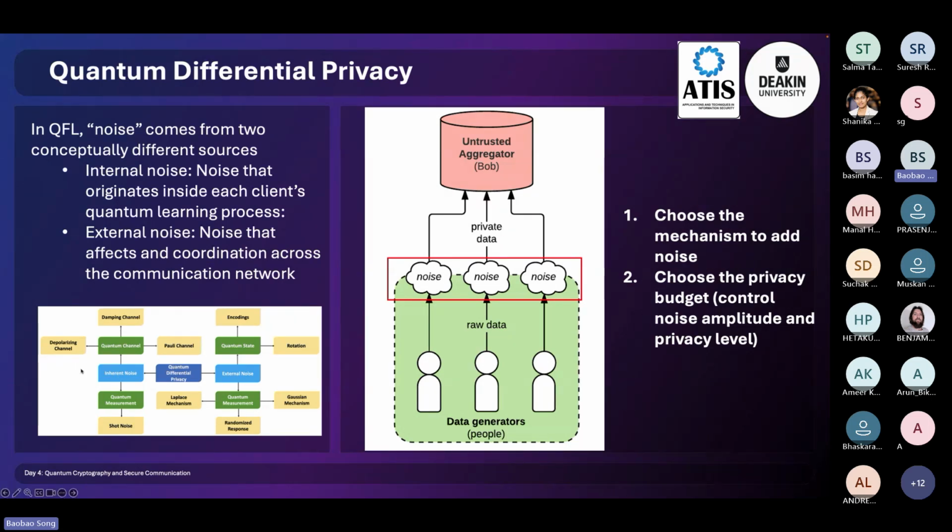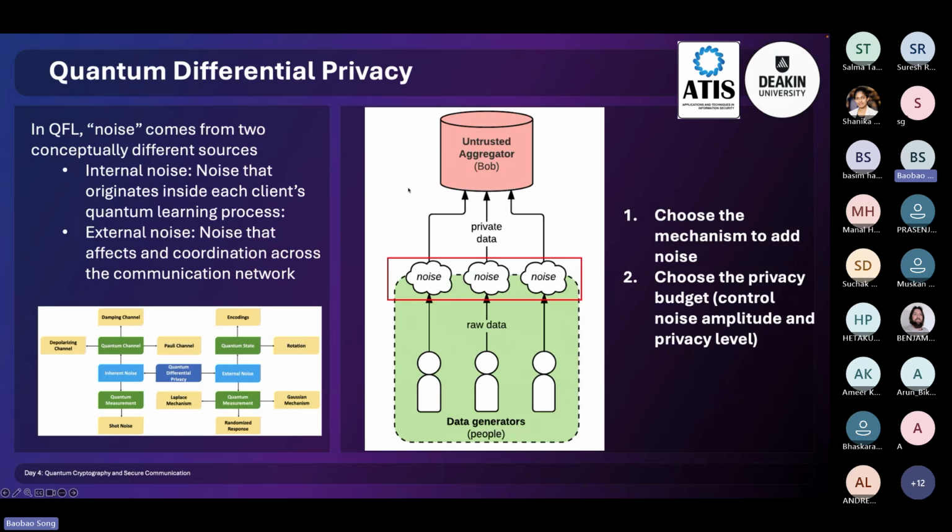You may be familiar with this figure. It says that the noise can come from two parts, because noise is a key component of quantum differential privacy. Quantum differential privacy can utilize the quantum noise or external noise to provide privacy. So noise can provide privacy.